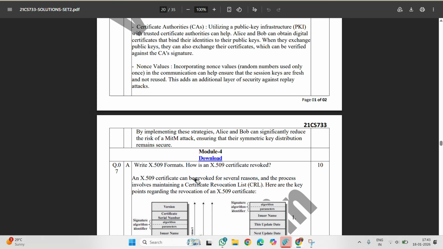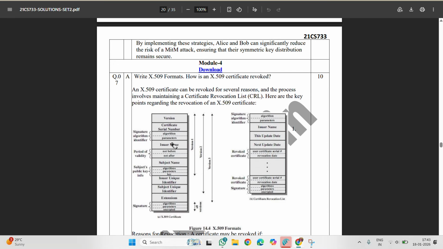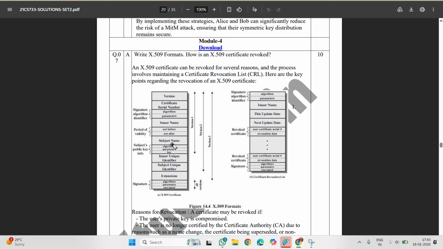Okay, coming to the module 4, question number 7, 7a. Write X509 certificates. How is an X509 certificate revoked? In this, diagram is mandatory, both X509 certificate and revocation list. If you skip any one diagram also, you will lose marks.